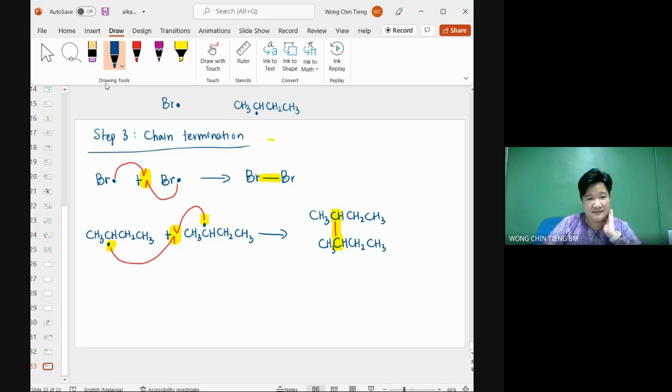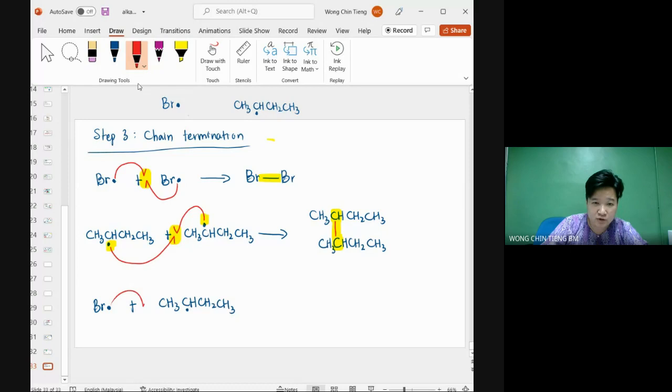Okay. Next. Another combination. Sebab saya kata all possible combination. Other than Br with Br and butane with butane, I can have the Br with the butane. Betul? All possible arrangement, all possible of the free radical. So the same story, the Br akan masuk, jumpa dengan carbon ini.